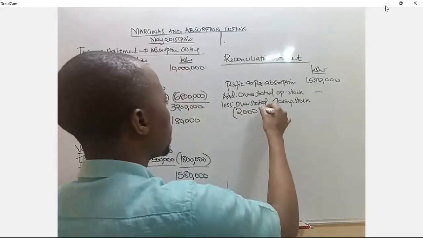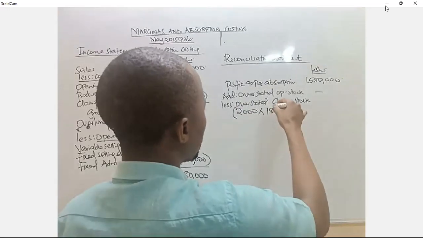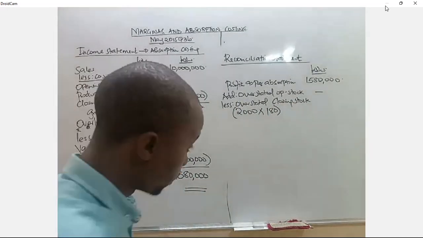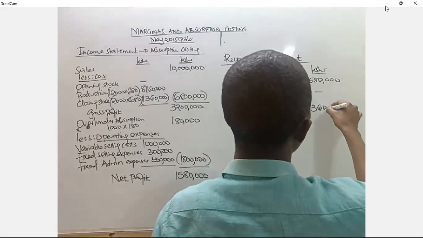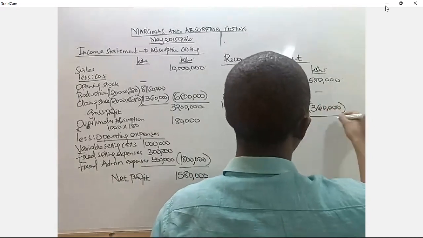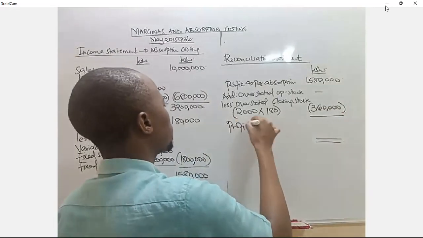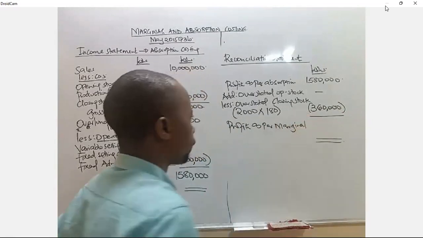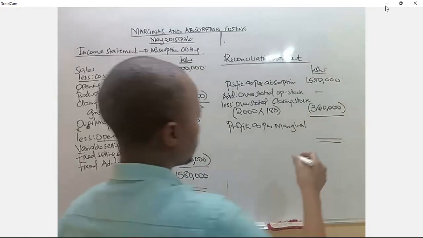Then you multiply by the fixed production overheads cost per unit, which is 180. This comes to around 360,000. Once you subtract, you're supposed to be getting profit as per marginal. Profit as per the marginal, you just take 1,580,000 minus 360,000, getting 1,220,000.